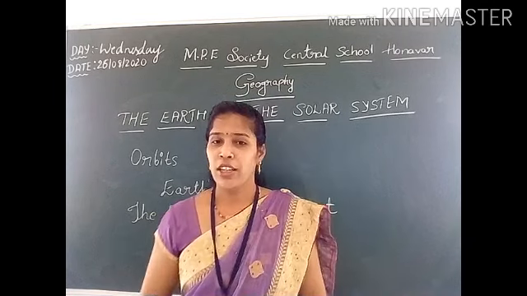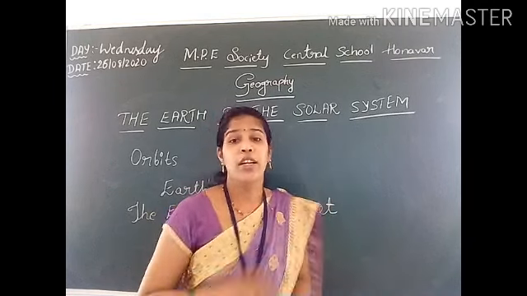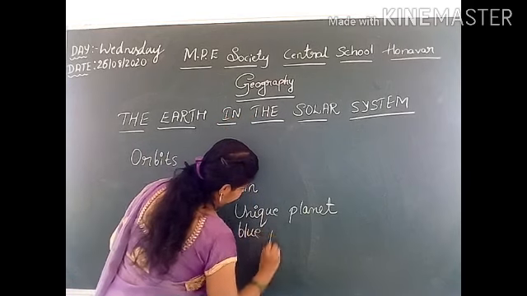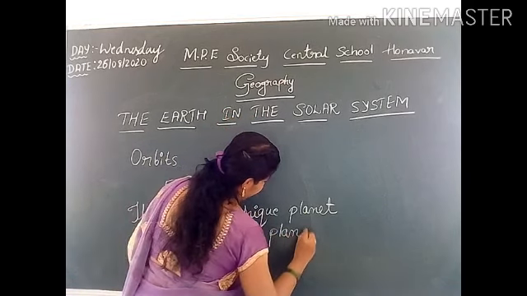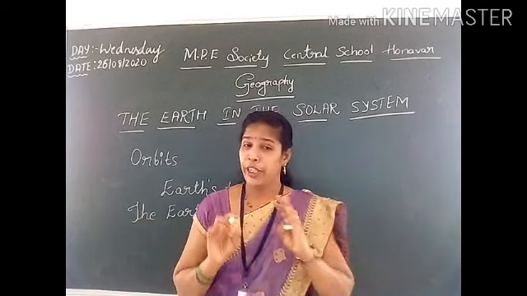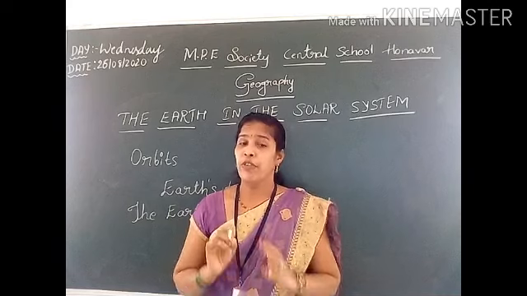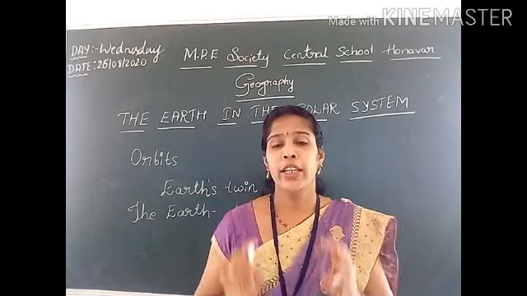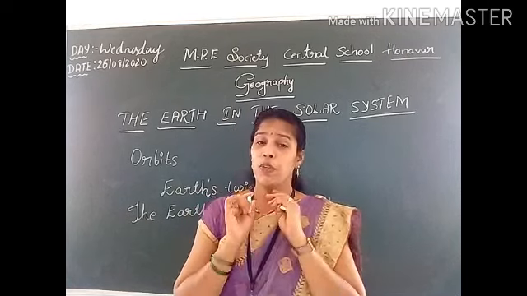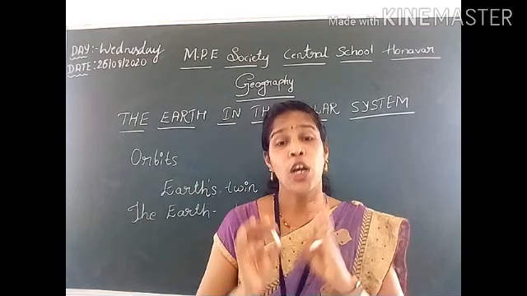And our Earth is also called a blue planet. Because when we see our Earth from outer space, it appears blue because 70% of our Earth is covered by water.